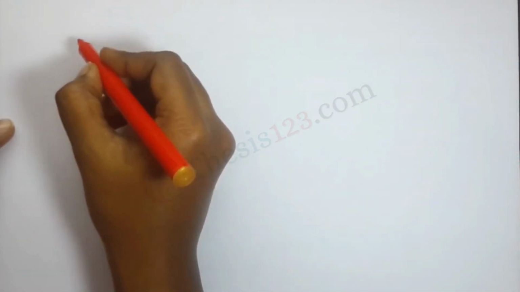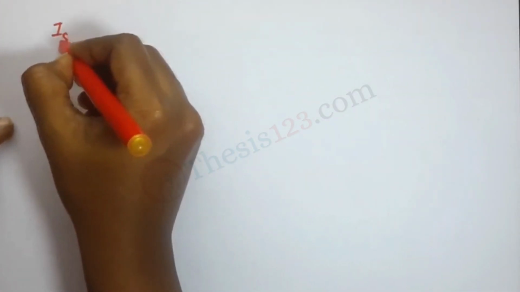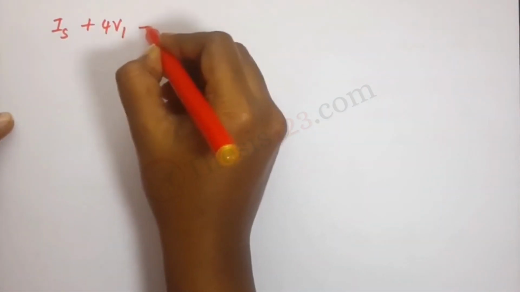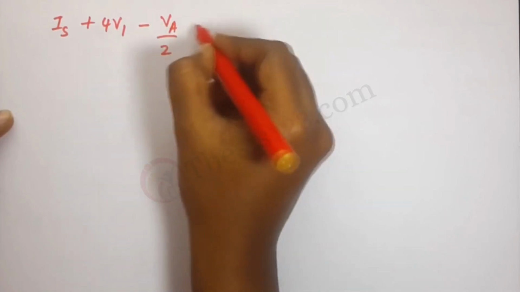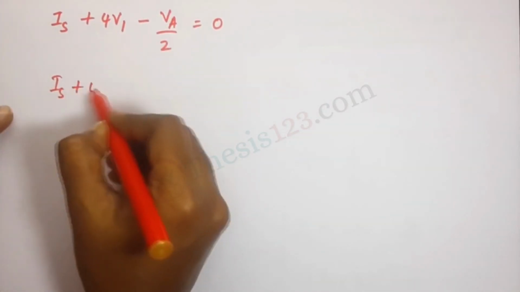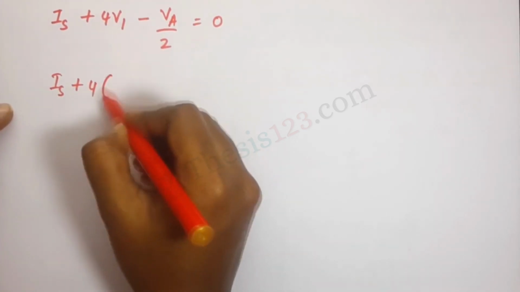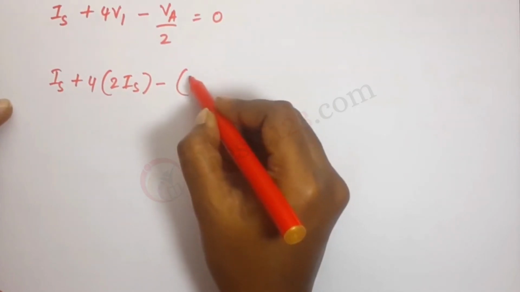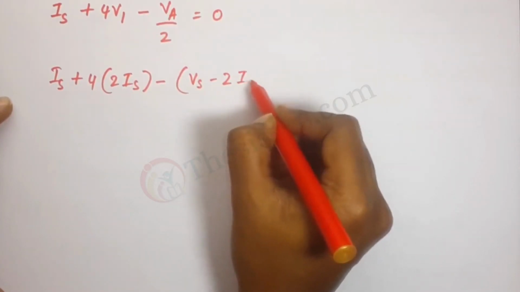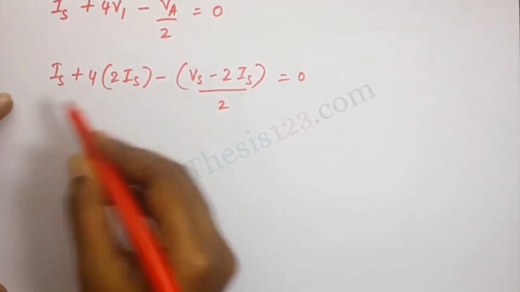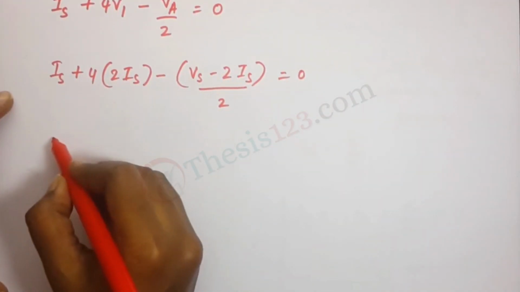So the equation is Is plus 4V1 minus VA by 2 is equal to 0. Now we substitute: Is plus 4 times V1, which is 2Is, minus VA, which is Vs minus 2Is, divided by 2, is equal to 0. Let's simplify this even further.